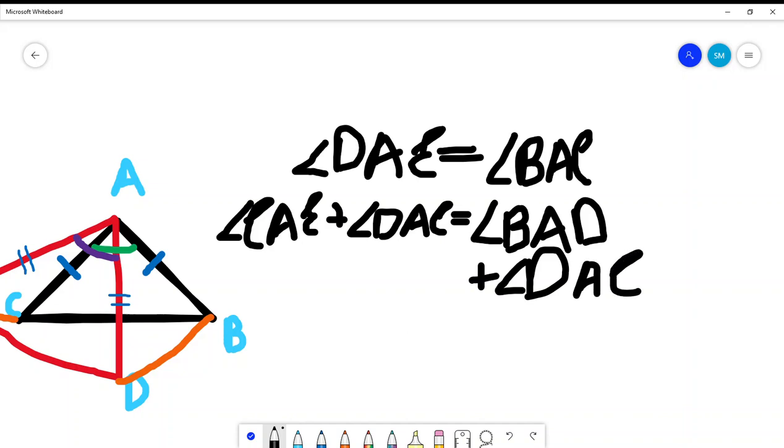So we can cancel DAC from both the sides, and angle CAE equals angle BAD.